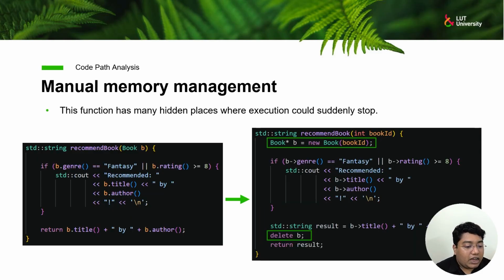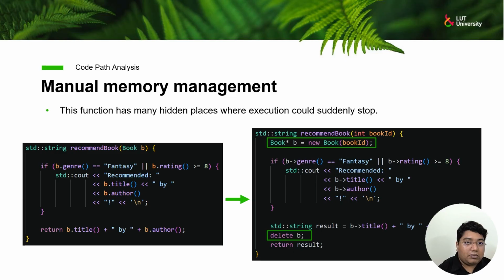Now, let's connect this entire discussion with dynamic memory. Suppose at the top of our function, we allocate some memory like this, and at the end of the function, we also delete the object like this. That seems perfectly reasonable. We acquire the resource, we release the resource.